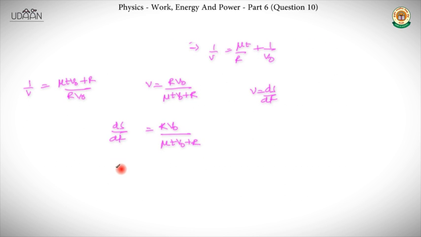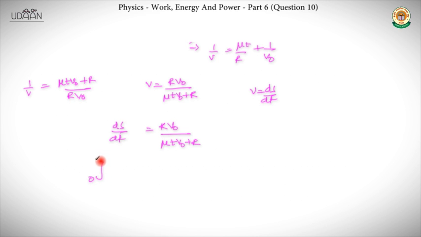We will integrate from 0 to s. As the question asks for the position of the block from point A, we are calculating this in terms of distance. The initial distance is 0 and the final distance, let us assume, is s, and the initial time is 0 and for a particular time we take t.